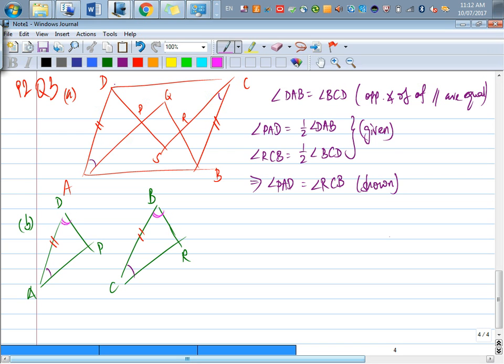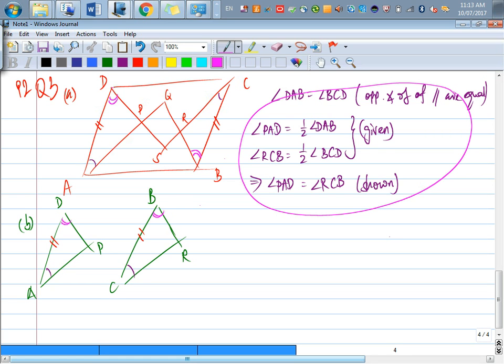ADP. Okay, this angle, we are trying to prove that it is the same as CBR. This is the next thing we need to do. Prove that they are the same. And the method is going to be the same as this. The method, they are exactly the same.